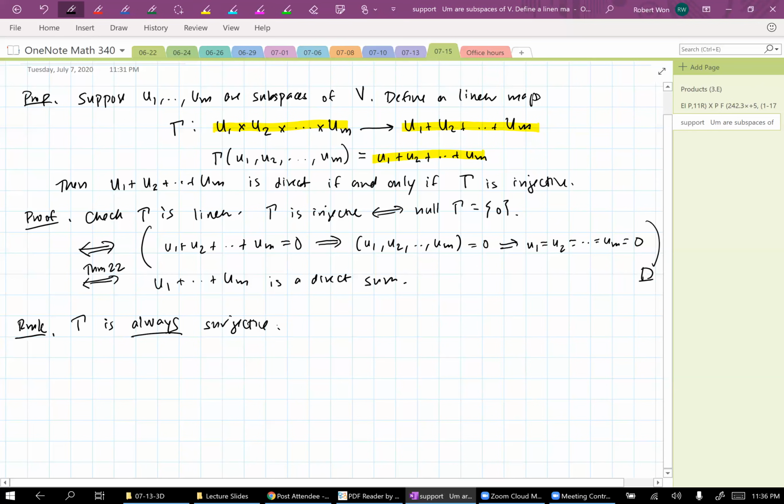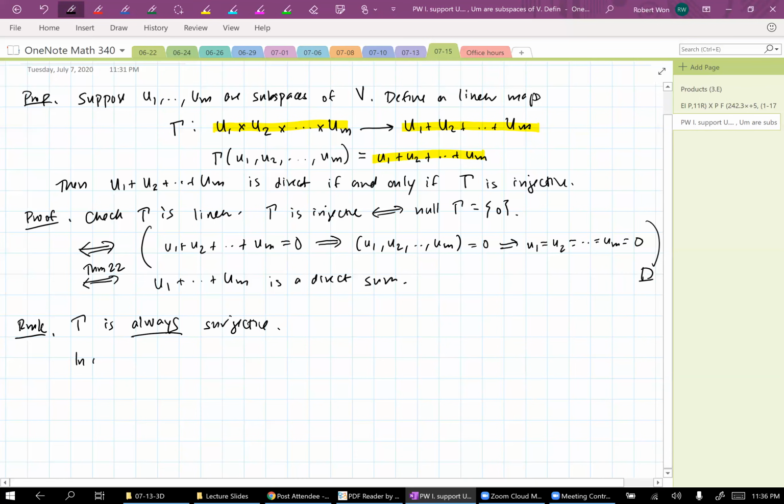This proposition says that if gamma is injective, then it's a direct sum. So if the sum is a direct sum, then you actually get that the product is isomorphic to the sum.